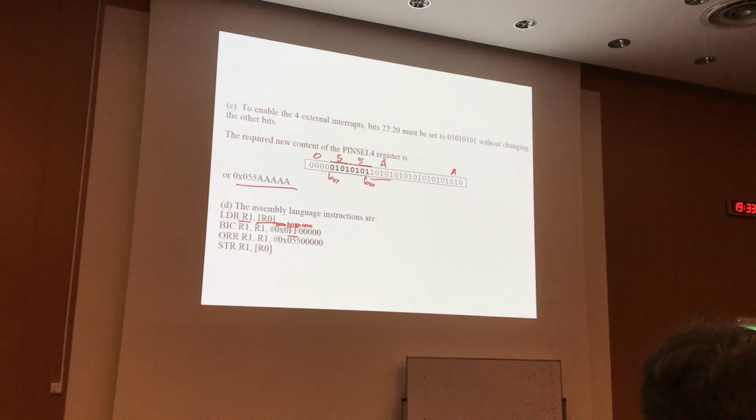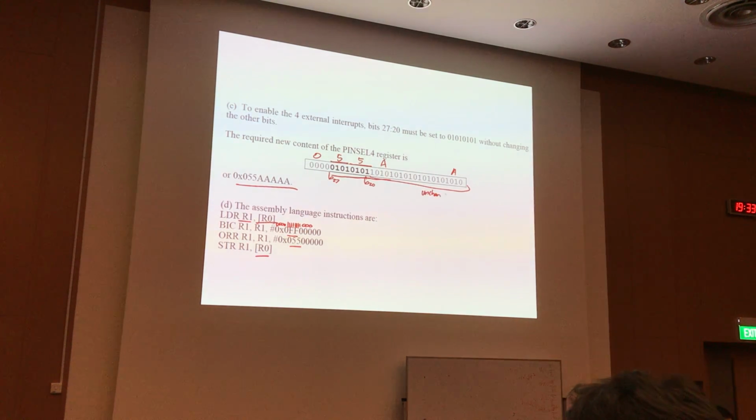Touch only this one, cause them to be zeros, and after that you OR this value inside, and anything OR 0 doesn't change, and then you store it back into R0, and that's how you end up with having exactly the bit pattern that you want in those bits, and then not changing the rest. Okay, the rest unchanged. So this principle was also emphasized in tutorial 3, so don't forget that.